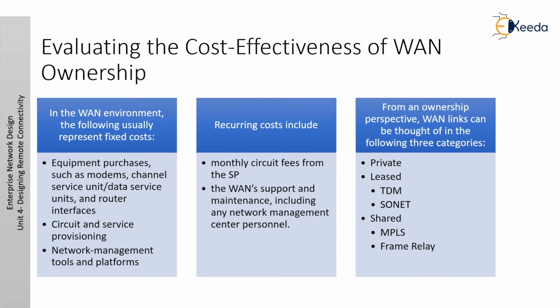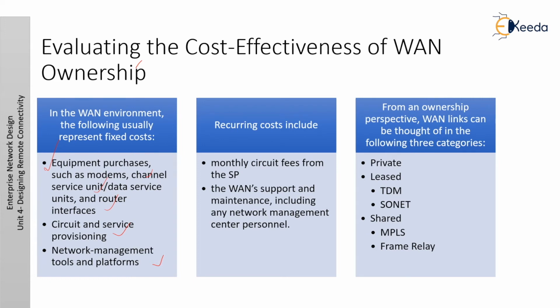Evaluating the cost effectiveness of WAN. In the WAN environment, these are the fixed costs. First thing is equipment purchase, such as modems, channel service unit, data service unit, and router and interface. Circuit and switch service provisioning, network management tools and platforms.